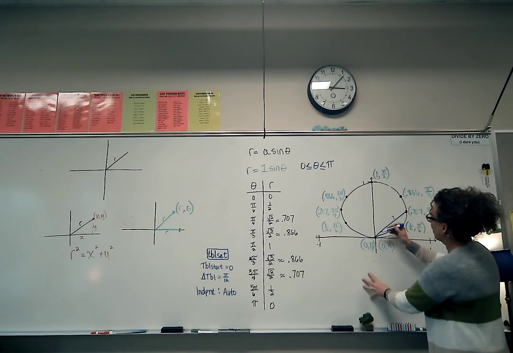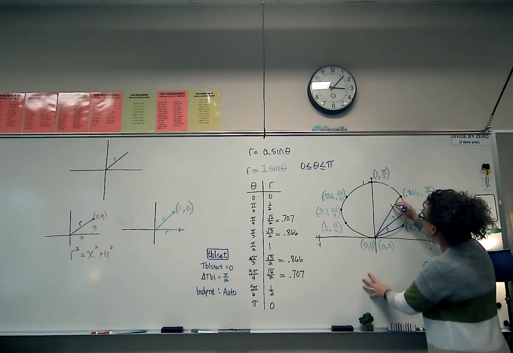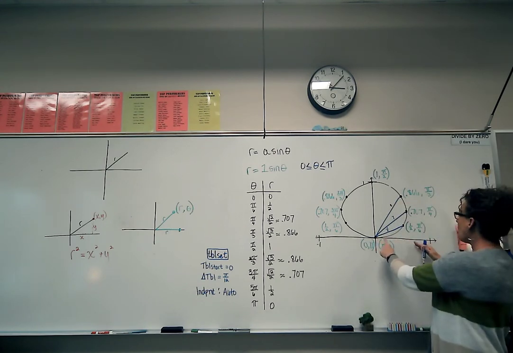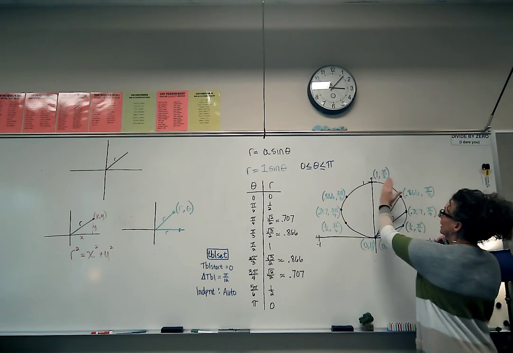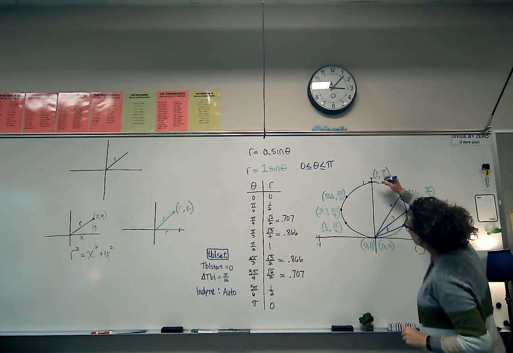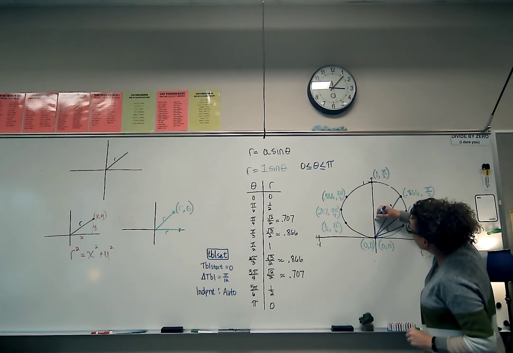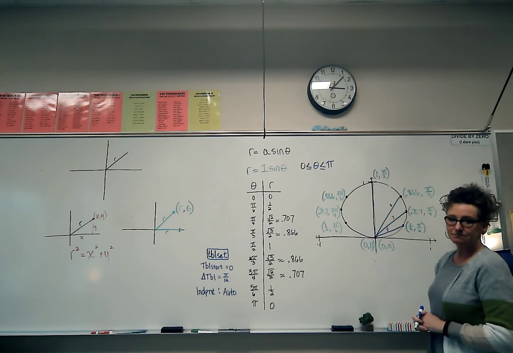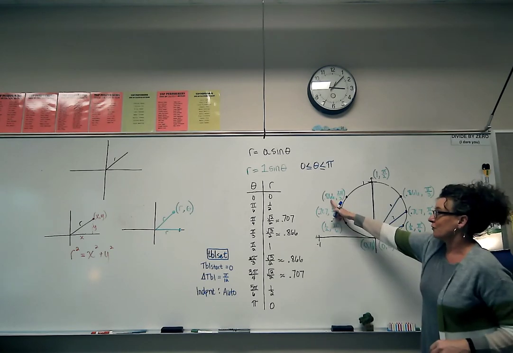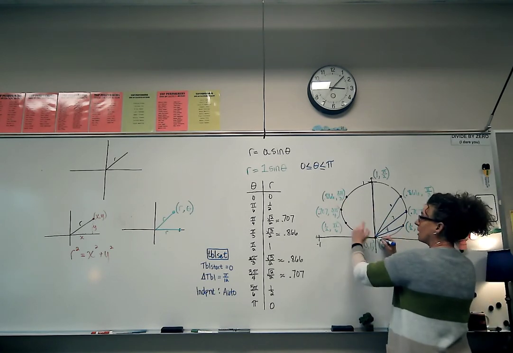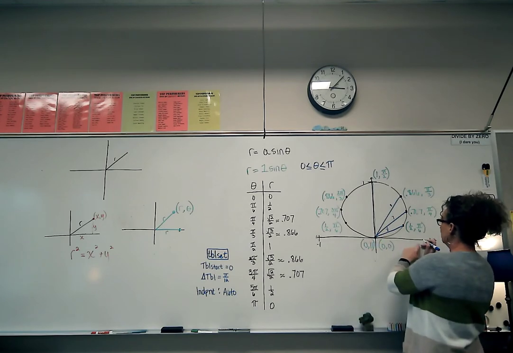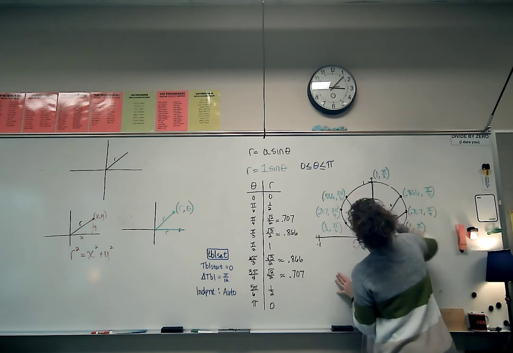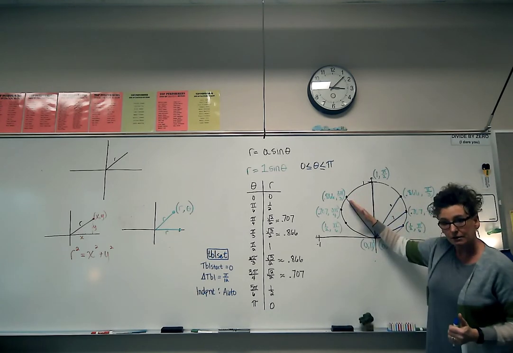And then it went out 0.8 and opened up a bigger angle. And then it went out all the way to 1 and opened up an angle of pi over 2. And that's where I get this measurement is 1. And then for over here, it went a positive radius, so it's this direction, 0.8, and then it opened up an angle of 2 pi over 3.